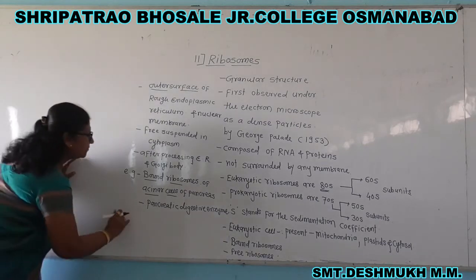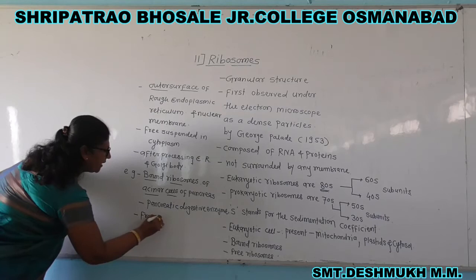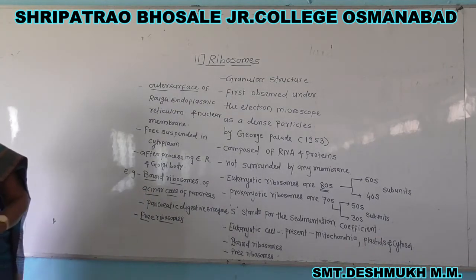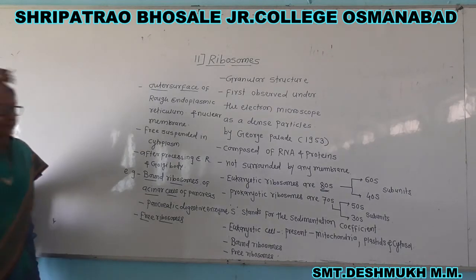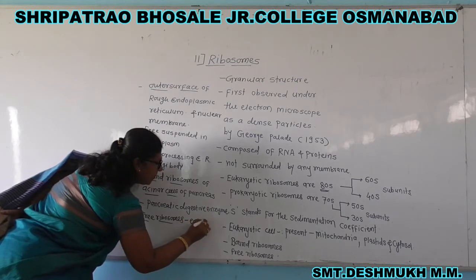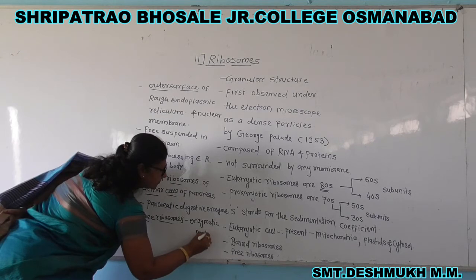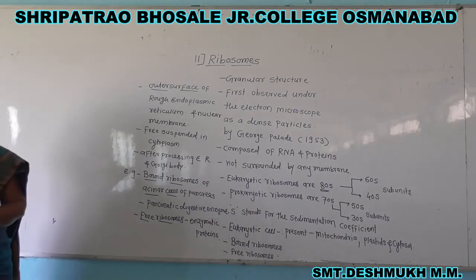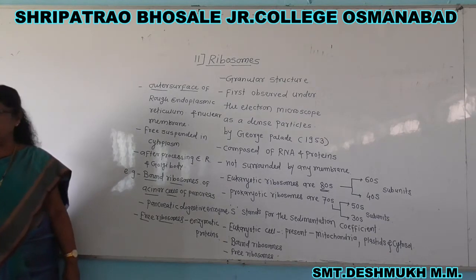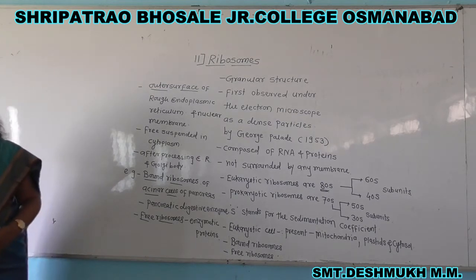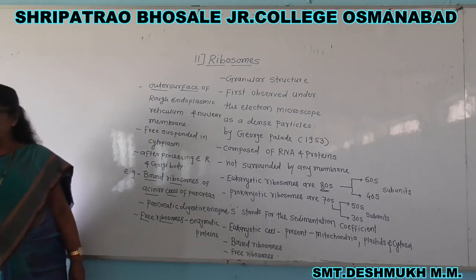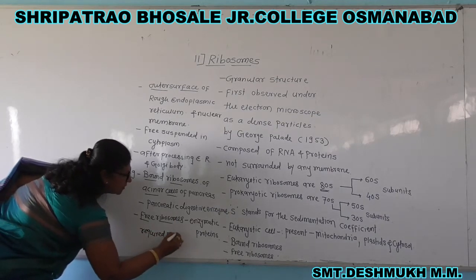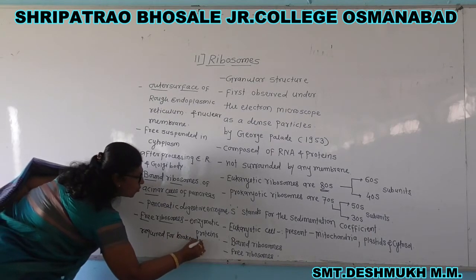Free ribosomes generally produce enzymatic proteins that are used in the cytoplasm, like the enzymes required for the breakdown of sugar.